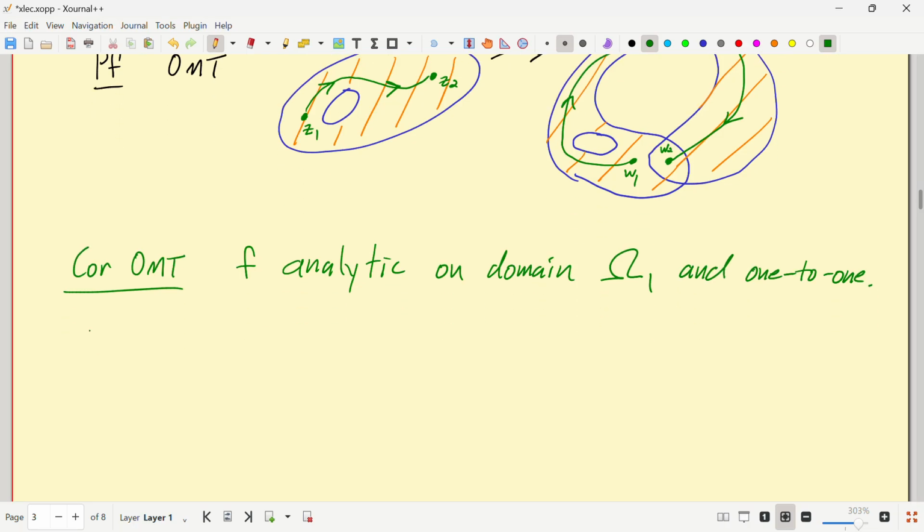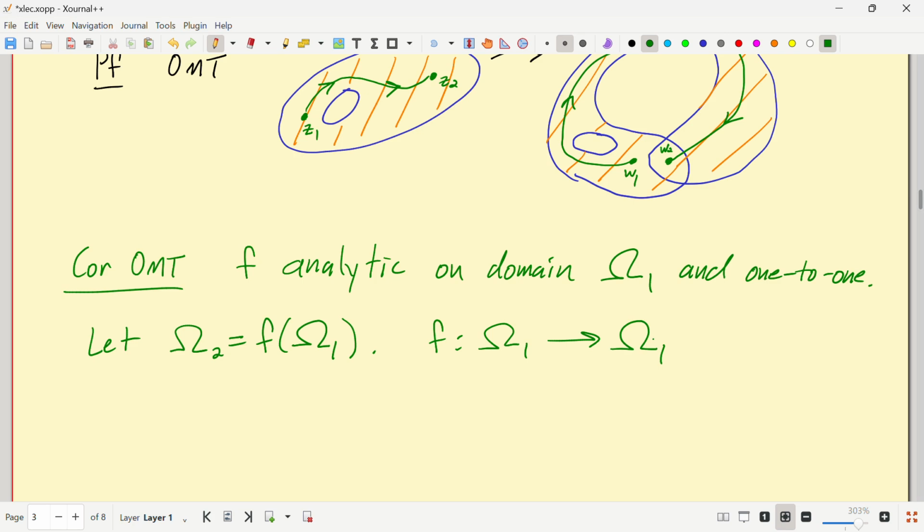Let's let omega 2 be f of omega 1. Then we know omega 2 is a domain. And we get f from omega 1 to omega 2 is going to be 1 to 1 and onto.